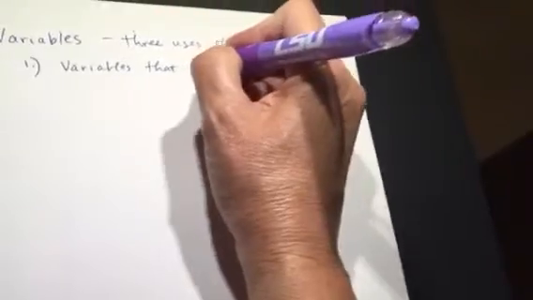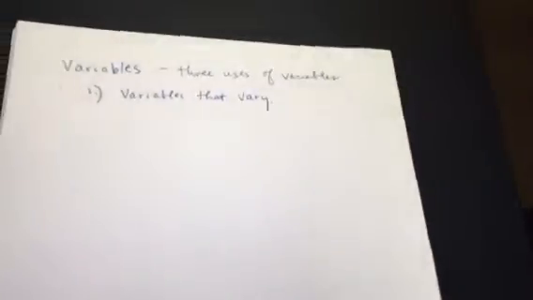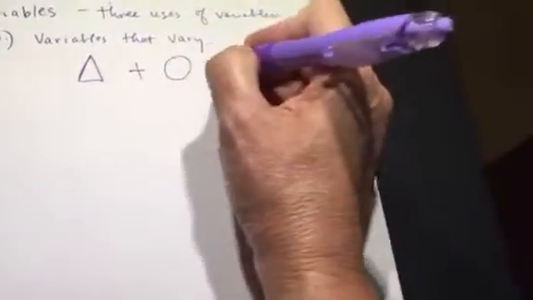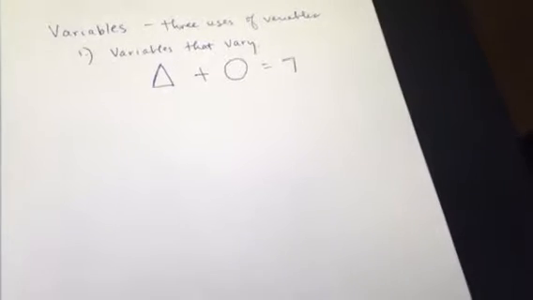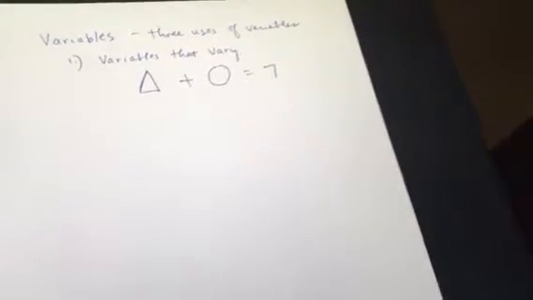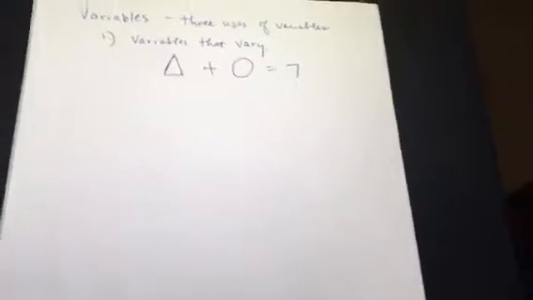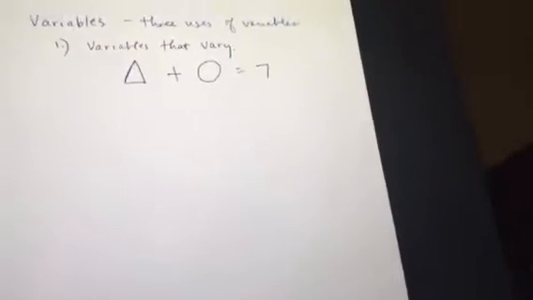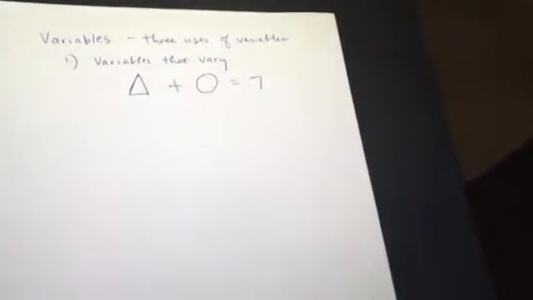One is variables that vary. And our problem that we did for that was this triangle plus circle equals 7, where you had some markers. You had 7 markers, some in the triangle, the rest in the circle.